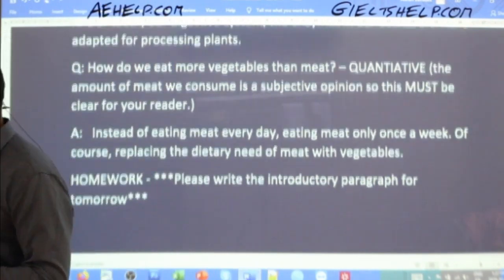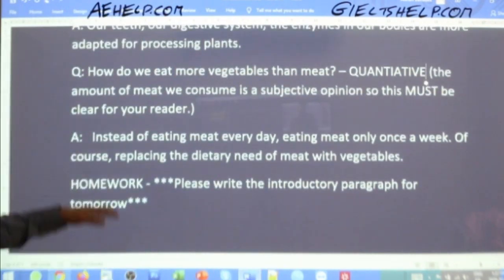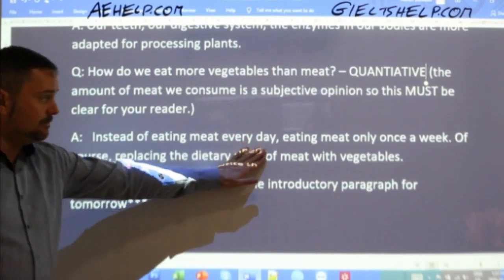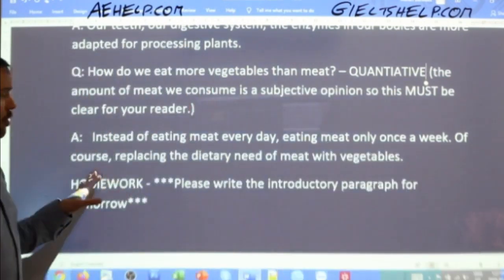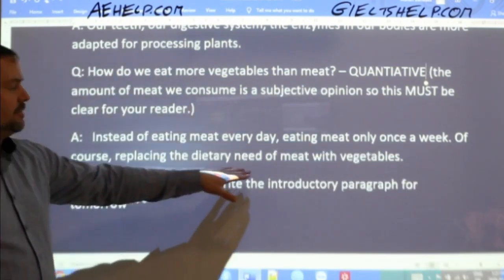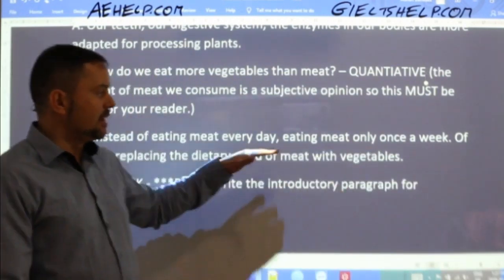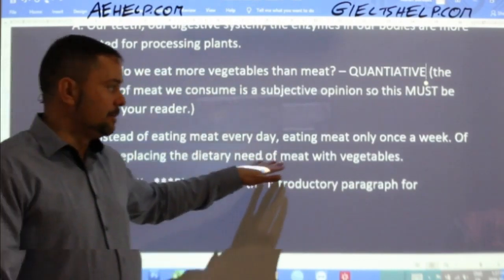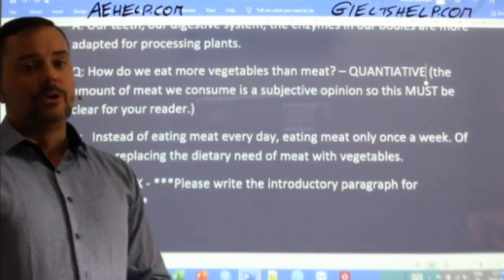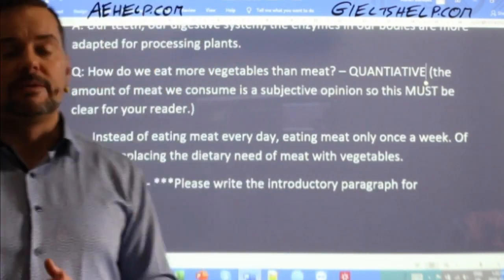So my definition here was, instead of eating meat every day, eating meat only once a week. Of course, replacing the dietary need of meat with vegetables. That means that whatever meat I'm not eating, I replace those calories with vegetables, with consuming vegetables.